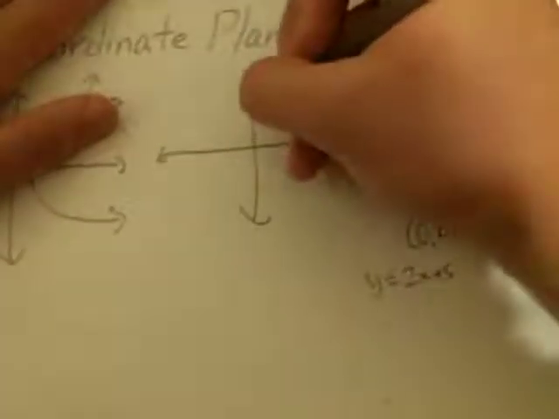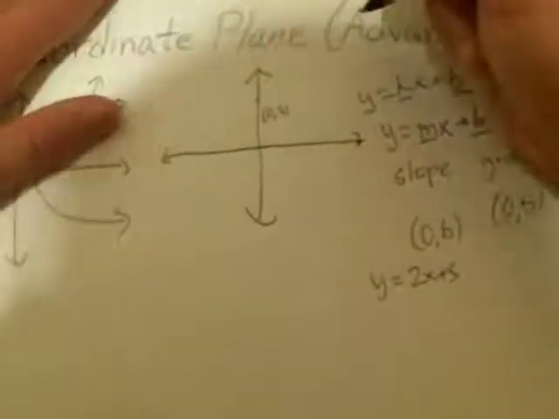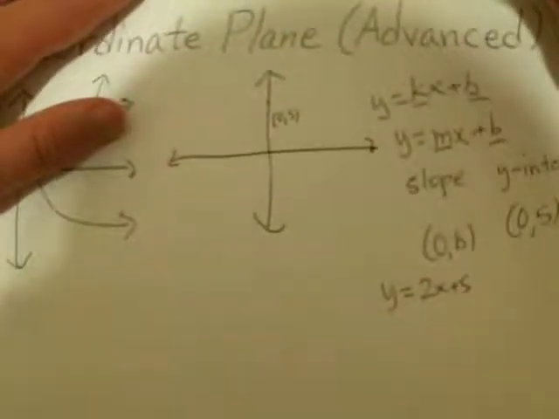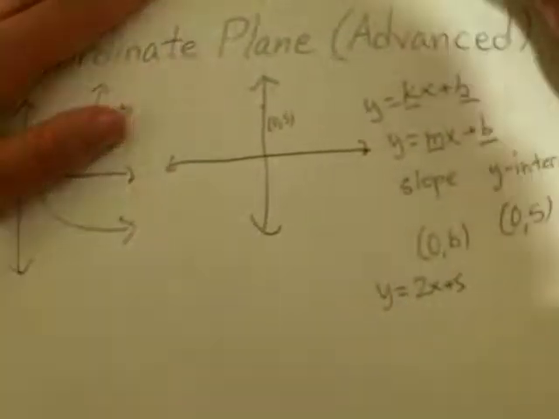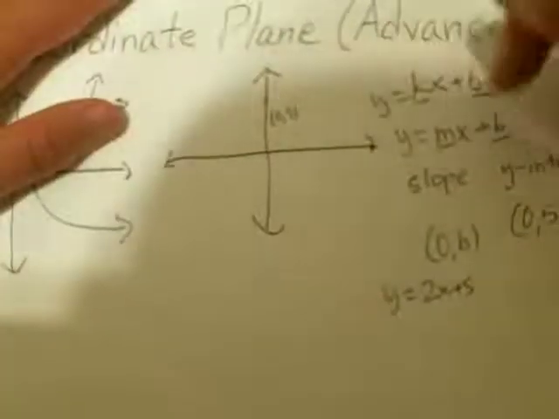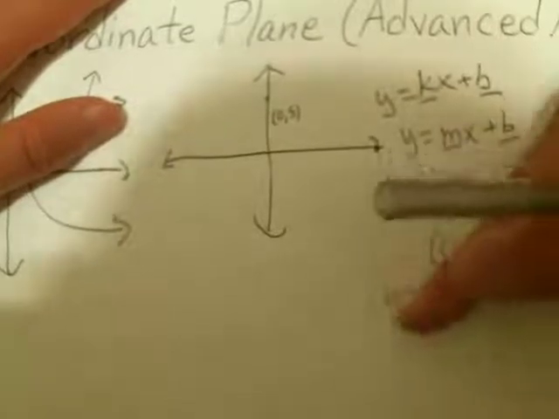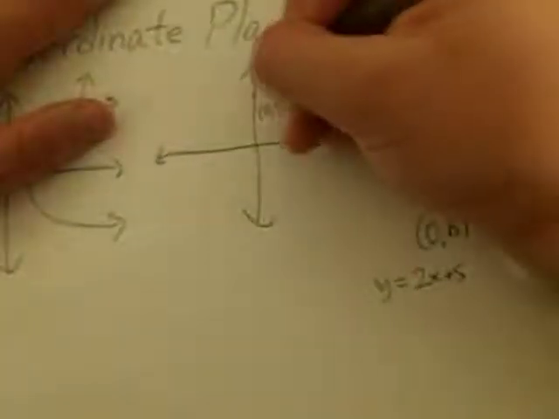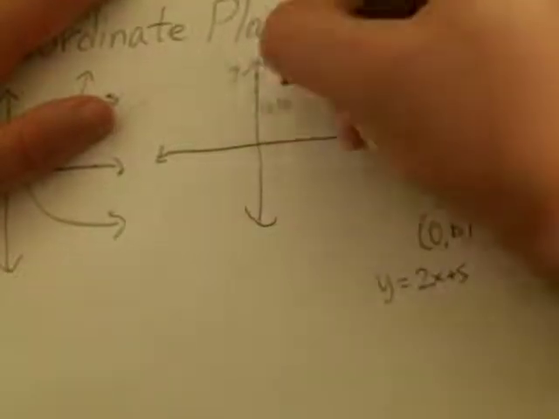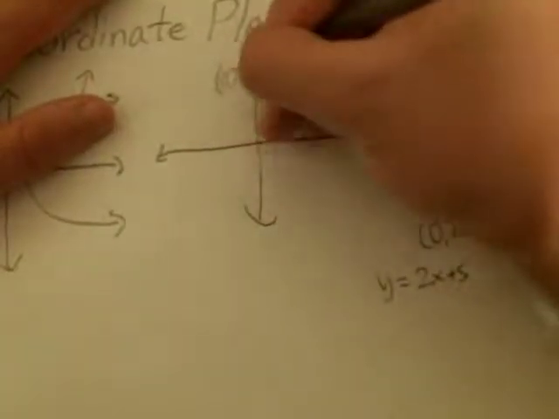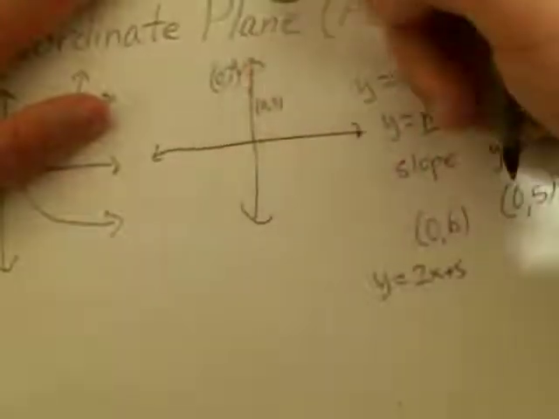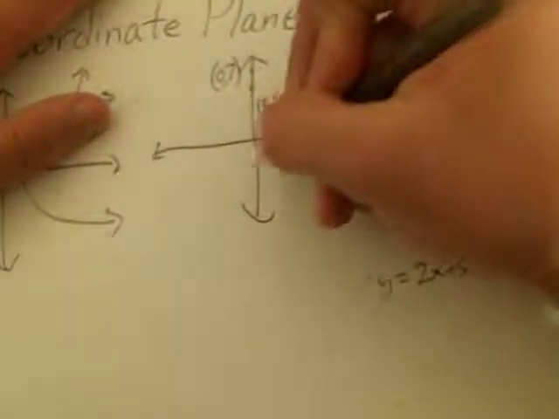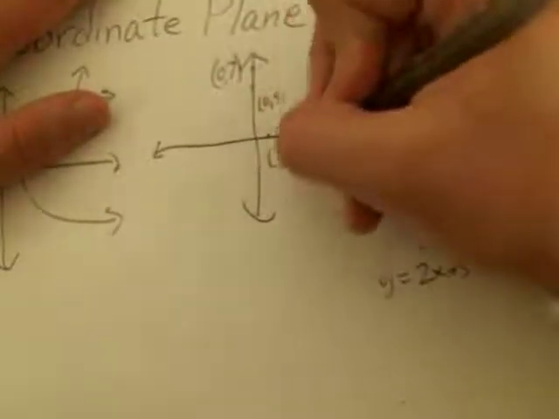So this is (0, 5). The next step would be graphing the actual line, and to do that we need the slope, which in this case is 2. That means we need a change in y by 2 and a change in x by 1.